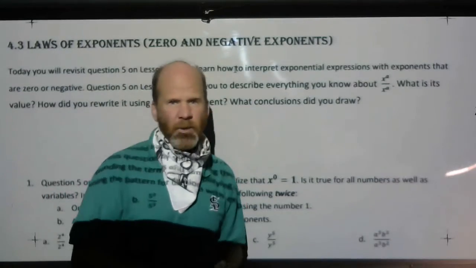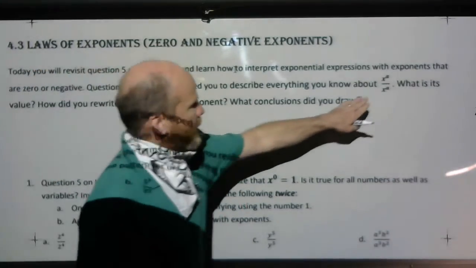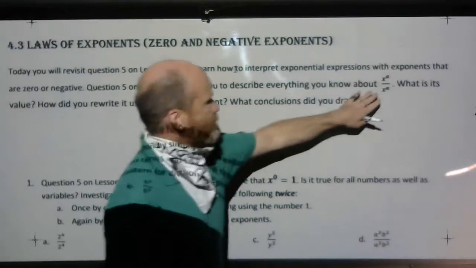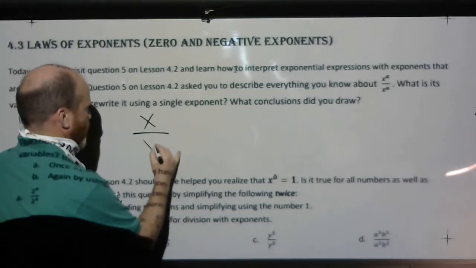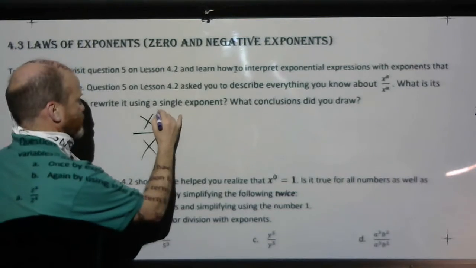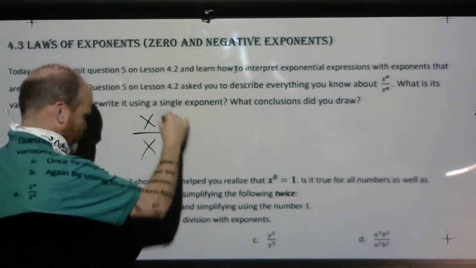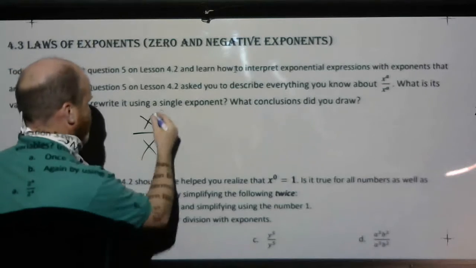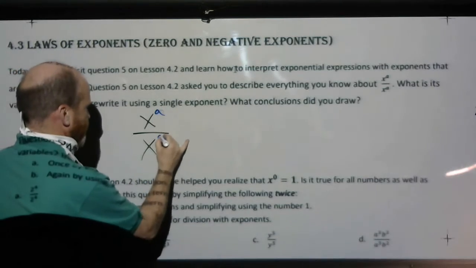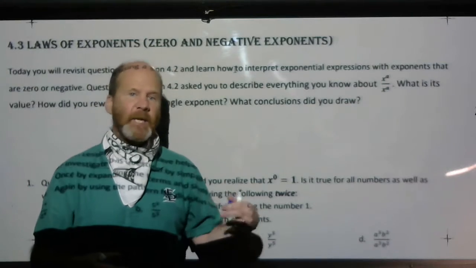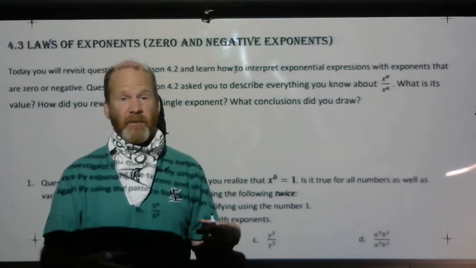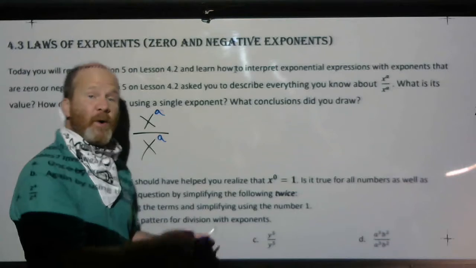Now we've had a little bit of exposure to this, but let's talk about back in 4.2, we had x to the a power over x to the a power. Now, if you remember, we talked about the concept of 1, that any quantity divided by itself is equal to 1. Well, that would be no different right here.